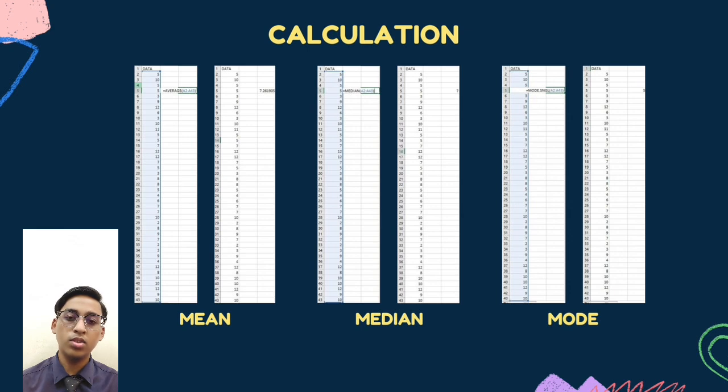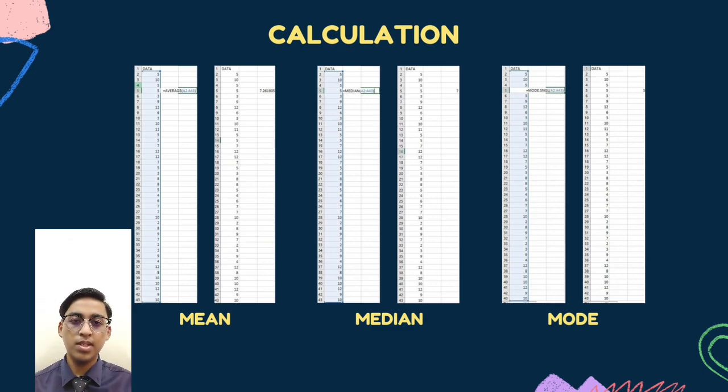The result is 7, indicating that half of the students have screen time less than 7 hours and half more than 7 hours. Next we have the mode. For the mode, I use the formula equal symbol MODE.SNGL, open bracket, A2 to A43, close bracket. The result was 5, which is the most frequently appearing value in the dataset.